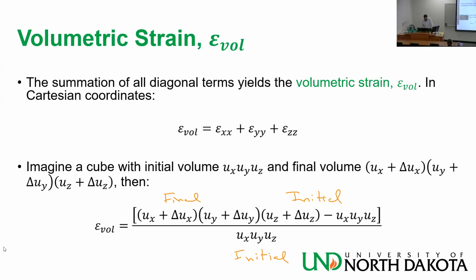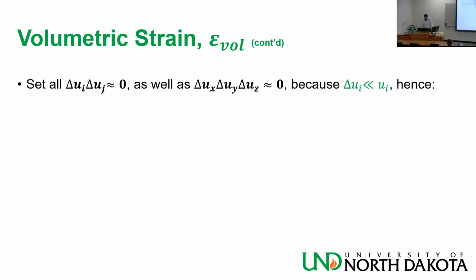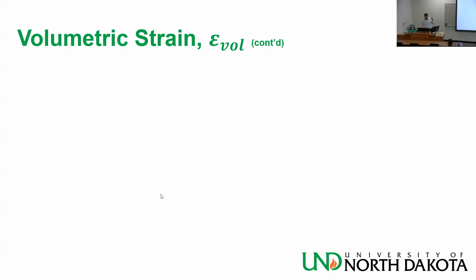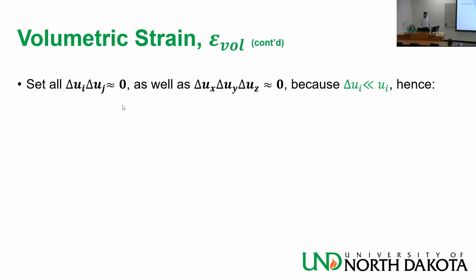Now, can I mathematically simplify it? The answer is yes. I can multiply all those: take the first parenthesis, multiply by the second parenthesis, multiply by the third, subtract, etc. It's going to be algebraically a nightmare, but I can do that. Let me make my life easier and say whenever I have 2 deltas multiplied with each other, I'm going to set it equal to 0.